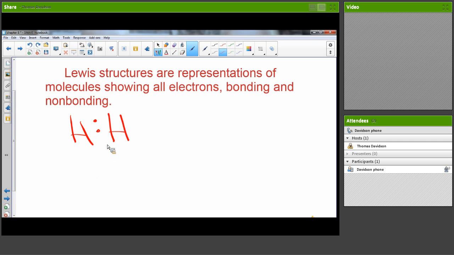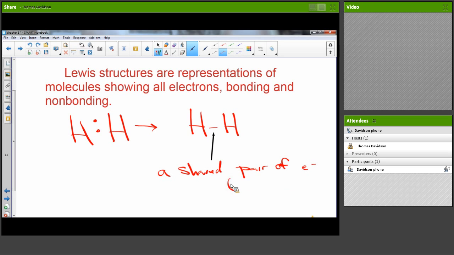Okay? Now, when you share electrons, you don't really even draw it as two dots. You put H, a line, and H. And you must, from now on and forever, realize that a line between two things represents a shared pair of electrons. So one line really means how many electrons? 2 electrons.